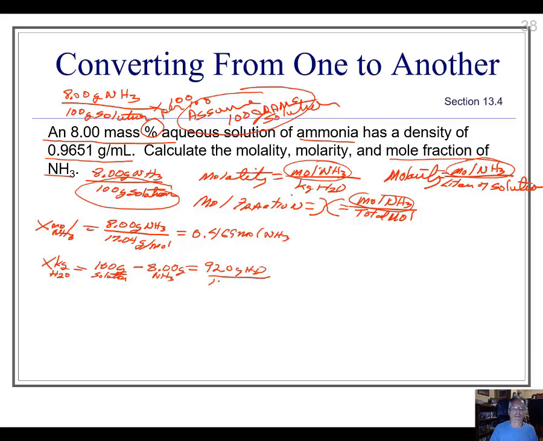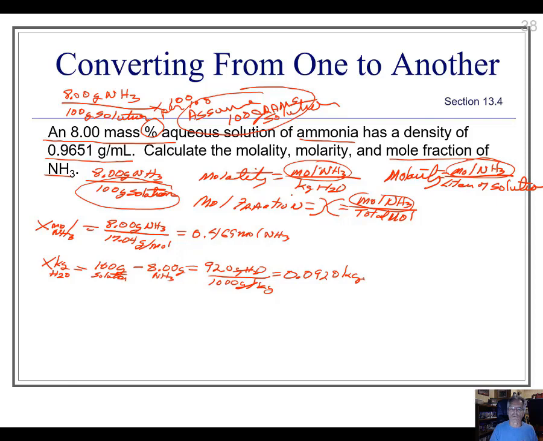And I'm going to go ahead and divide that by 1,000 grams per kilogram. Grams will cancel. I'll be moving the decimal place 3 places to the left. That gives me 0.0920 kilograms.